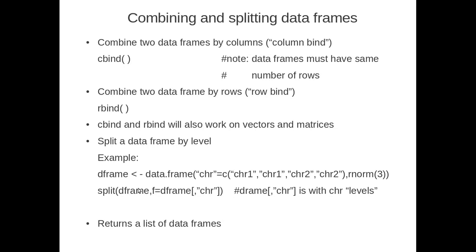What this will return is a list of data frames, where each data frame will occupy a different element in that list. So the original data frame is being broken up into multiple data frames where each data frame corresponds to a chromosome, and they are stored separately as elements of a list.